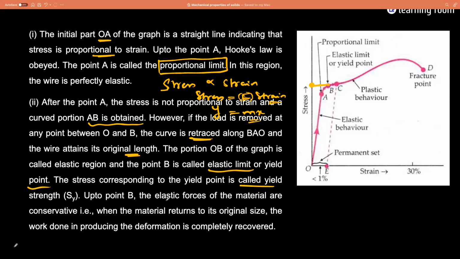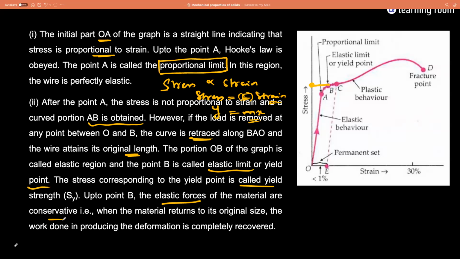So up to point B, the elastic forces of the materials are conservative. That is, when the material returns to its original size, the work done in producing the deformation is completely recovered. So what do you mean by conservative here? It means that the energy is still conserved. Whatever energy I put in to get that work done, you will be able to get back. That's the thing. Am I clear with these two points?